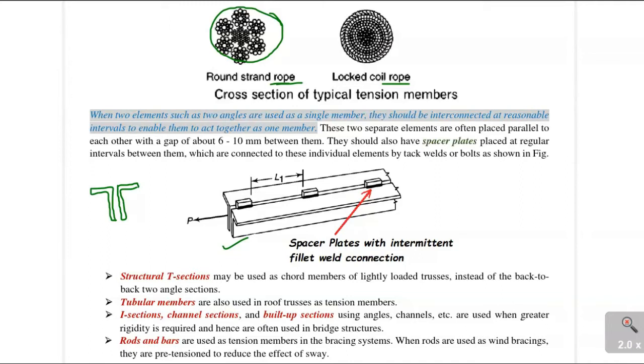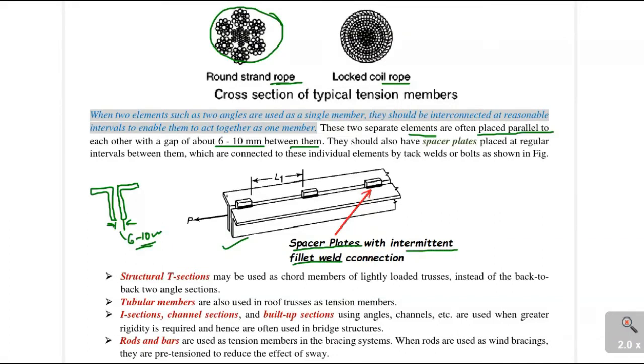So these two separate elements or members are often placed parallel to each other with a gap of 6 to 10 mm between them. Generally there is a gap that is left between these two sections, between 6 to 10 mm, and we are going to weld these two sections by using spacer plates with intermittent fillet weld.